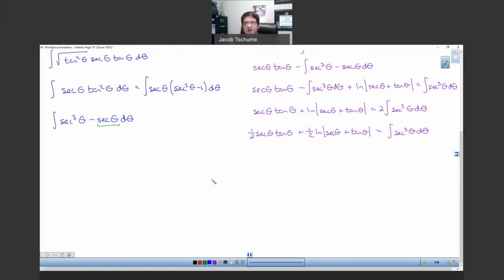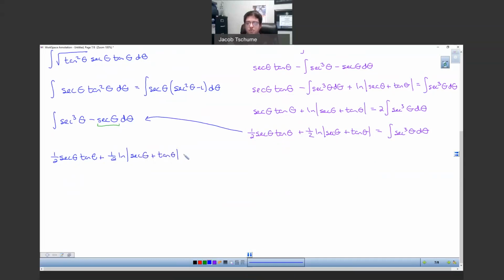So now going back over here in blue, we are now going to substitute in what we know. So the integral of the secant cubed part of the original trig sub would be 1/2 secant theta tangent theta plus 1/2 the natural log of secant theta plus tangent theta.